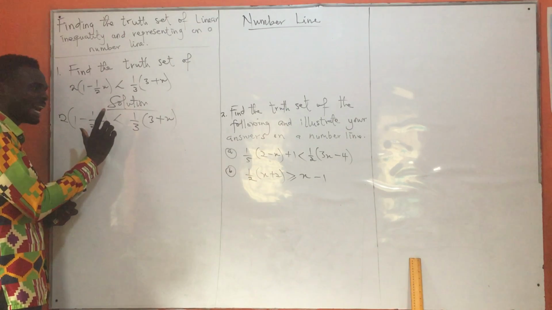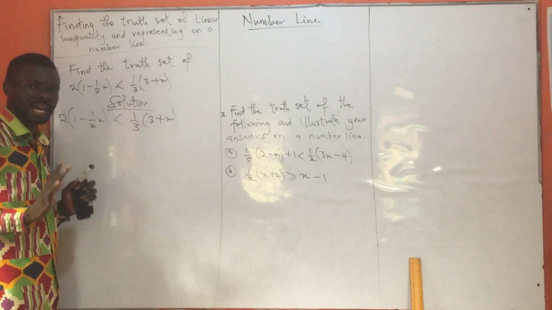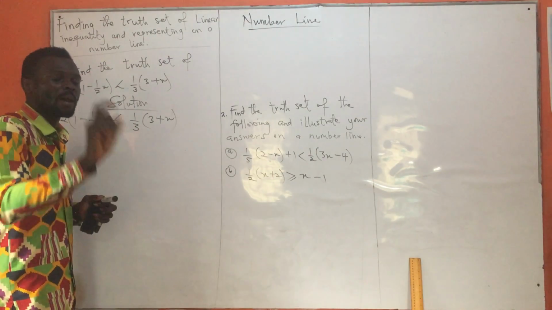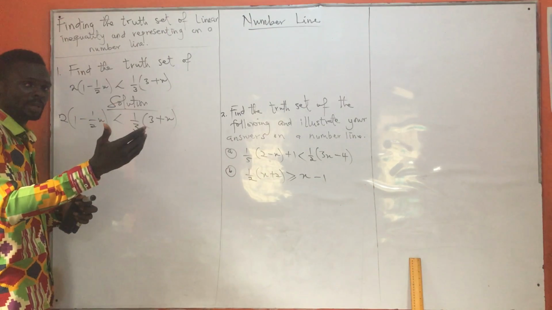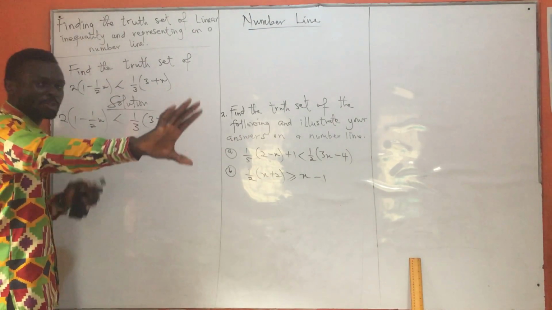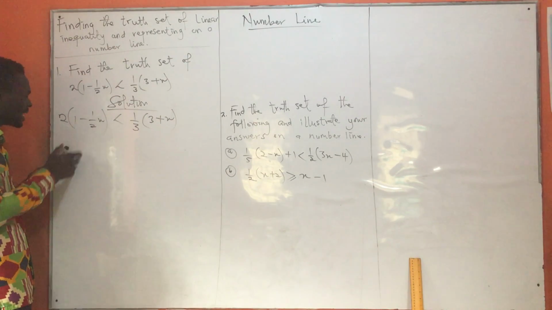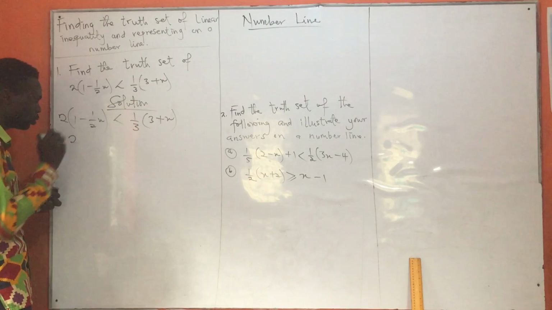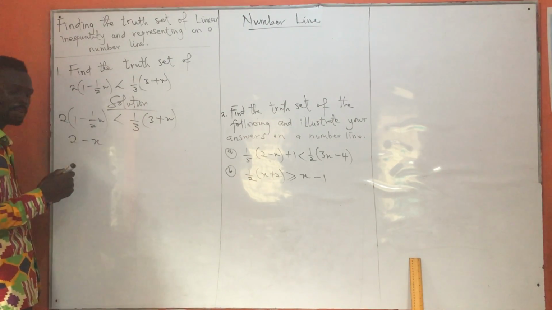In something like this, I suggest we expand the bracket first. Take our time, expand first before we look at the LCM. We can go straight to the LCM, but we want to make it simple by expanding both brackets. So 2 multiplies 1, which gives you 2. Then 2 multiplies negative half x, which gives you negative x.